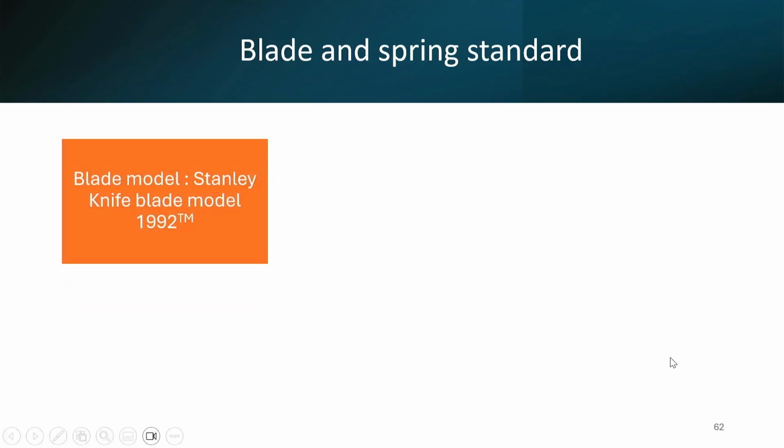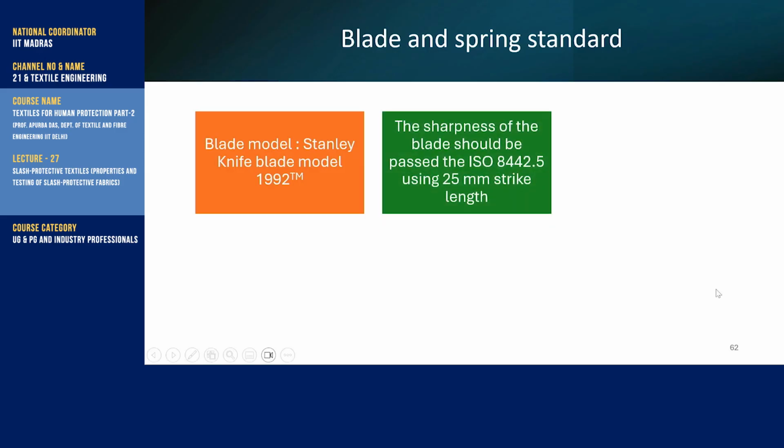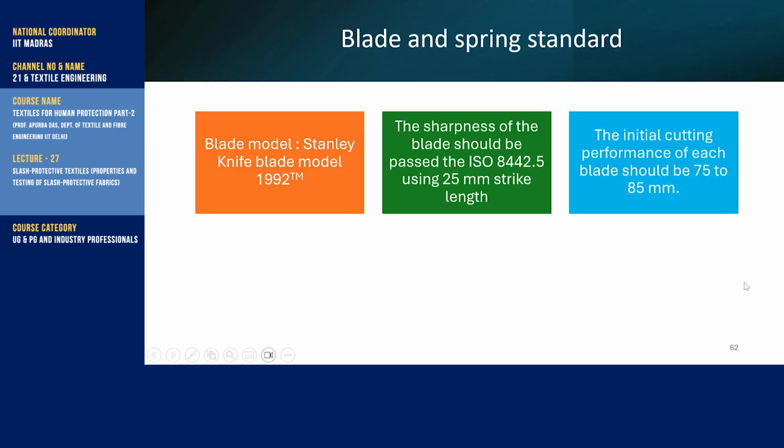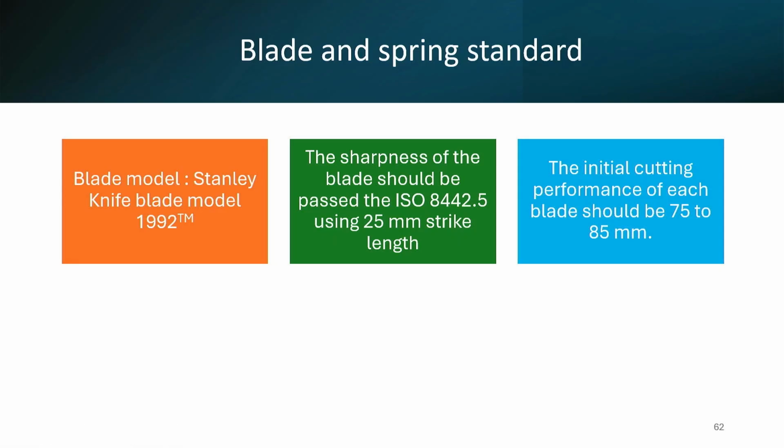Now, the blade and spring standards. The blade model used is the Stanley knife blade, model 1992. The sharpness of the blade should be as per the ISO standard using a 25 millimeter strike length. The initial cutting perforation of each blade should be 75 to 85 millimeter.